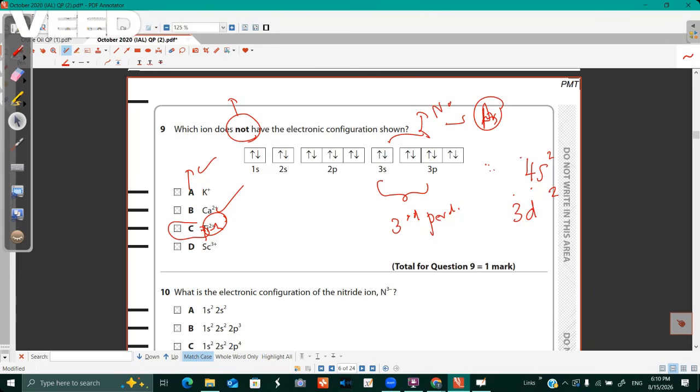So therefore, even though these two electrons are removed, you still have d block, right? So that is why titanium is a d block element.